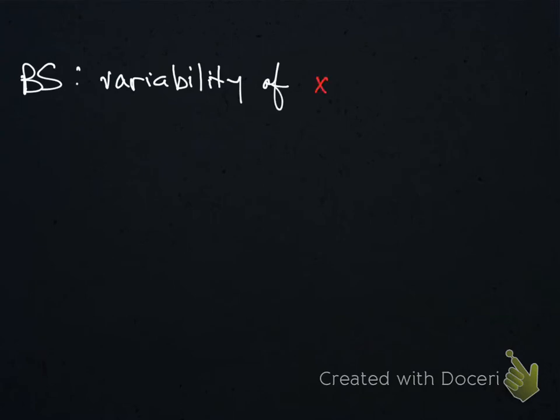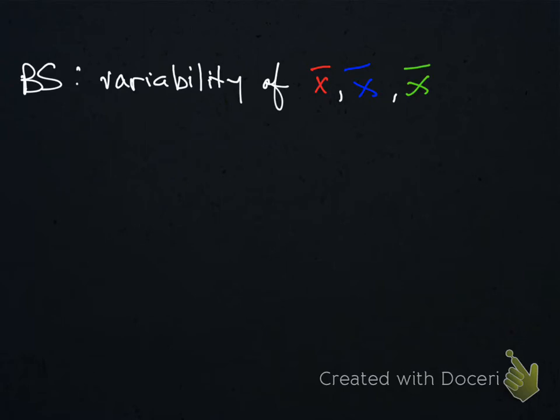So we said that the between subjects variability is the variability of our sample means for SFU, UBC, and CAP.